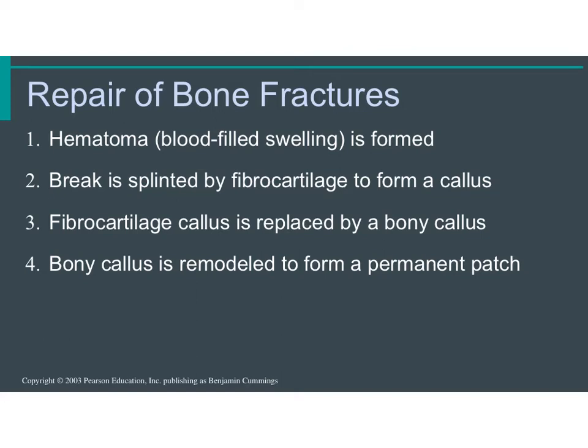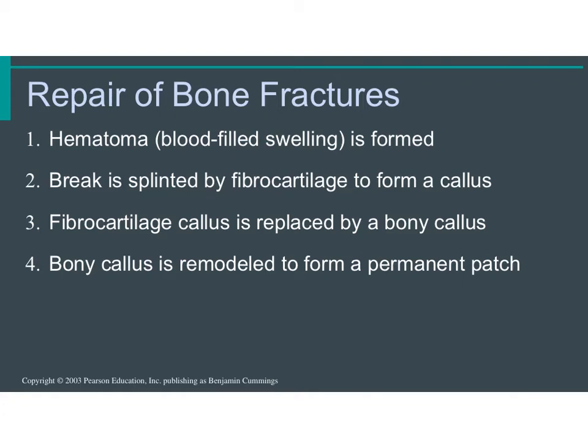Then there is splinting by fibrocartilage. So remember that's cartilage with lots and lots of fibers in the matrix, what's in your vertebral disc. And that forms like a callus. So it's not totally strong yet, but it is being held together in place.